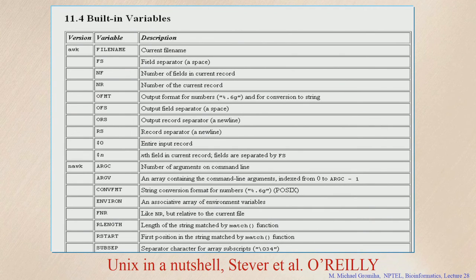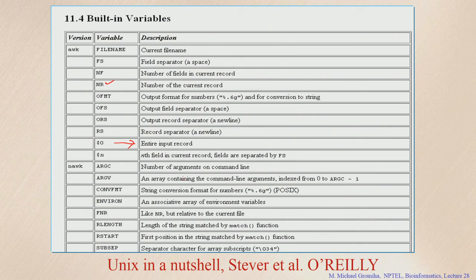Now, in awk there are several built-in variables available. I explained a few of them. For example, FS is the field separator I discussed earlier. What is NF? Number of fields in the current record. NR, number of the current record. Likewise, there are various other options like the record separator. $0 is for the entire input record, $n is the nth field in the current record, right.